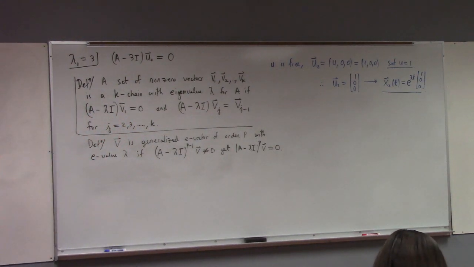So for example, eigenvectors are generalized eigenvectors of order 1.